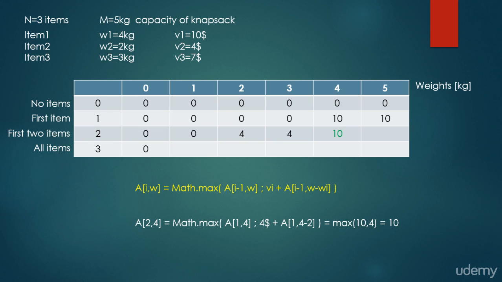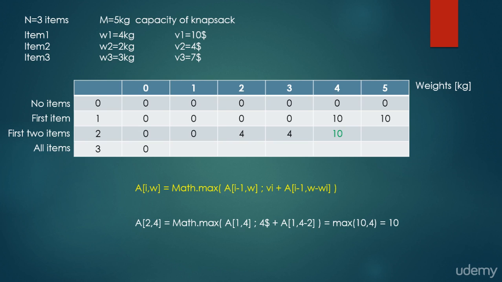In this situation, index 2, so we cannot take item 2. In the equation, the $4 plus A(1, 4 minus 2) represents the situation when we take the item with index 2, so we take the second item, and we have to calculate whether it is a good option if we take it with us or not. So this is why we have to calculate on each iteration.